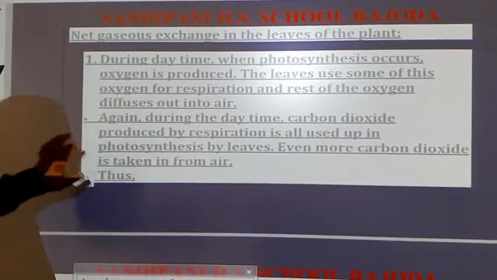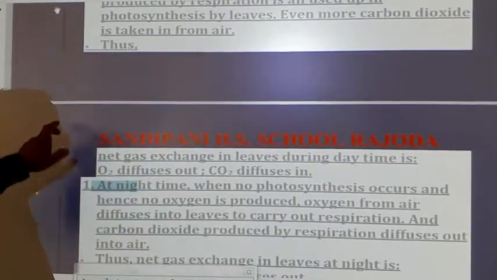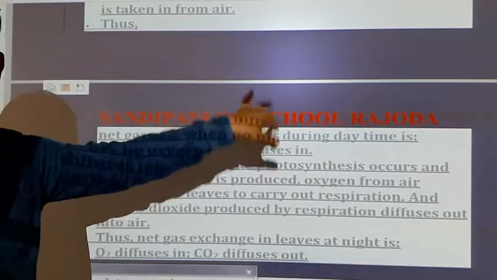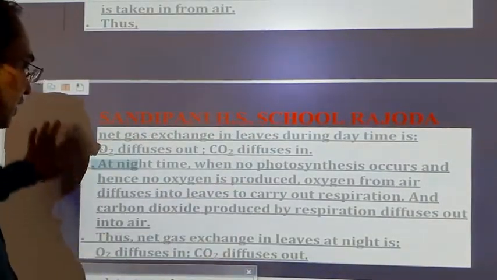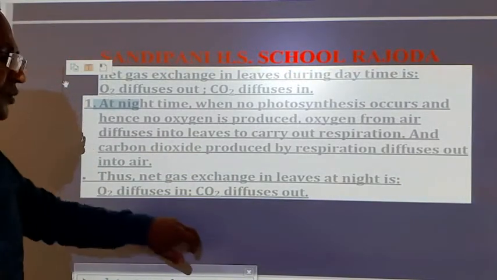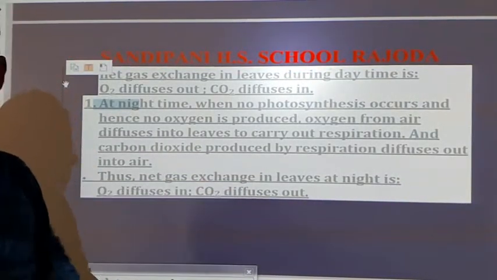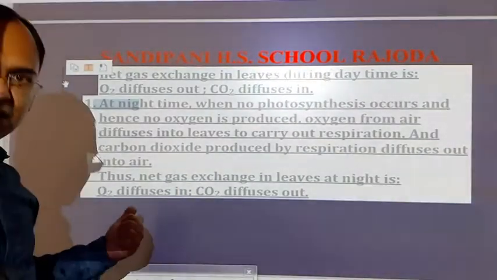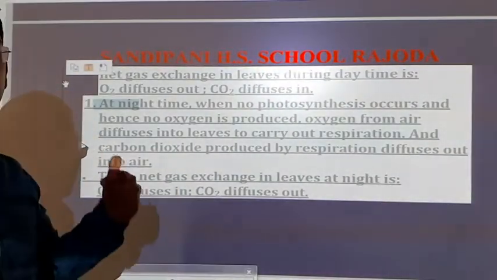During the daytime, O2 diffuses out minus CO2 diffuses in, and in night time O2 diffuses in minus CO2 diffuses out, because the O2 diffusing in will be larger as compared to the CO2 diffusing out.